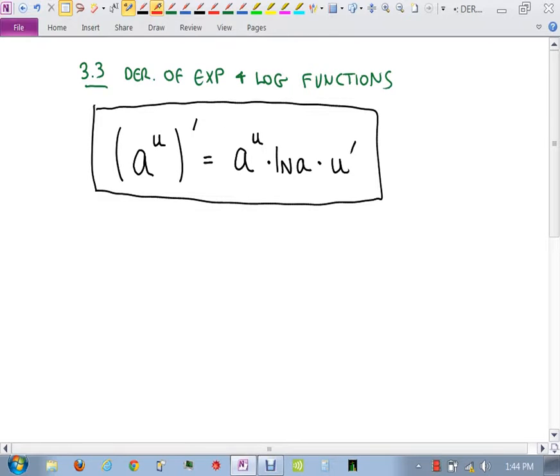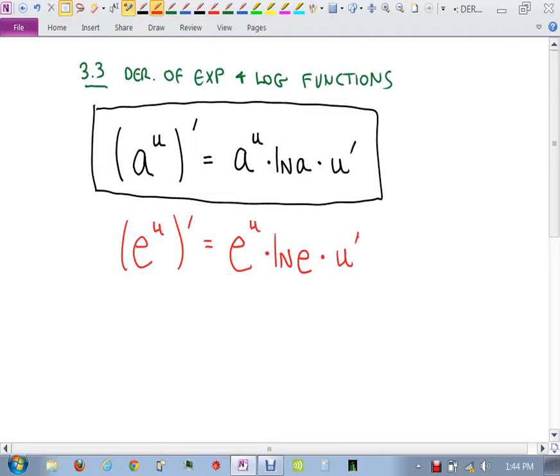Now there is a special case when that a is e. Now e is a very special number, right? If this is e to the u, then the derivative of e to the u is itself times natural log of e times u prime.